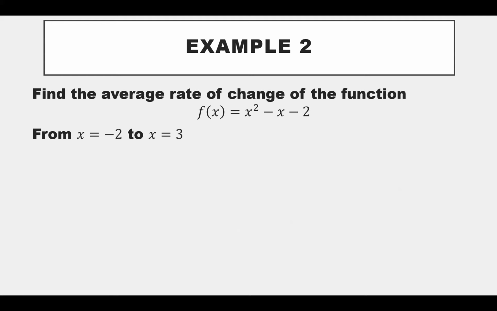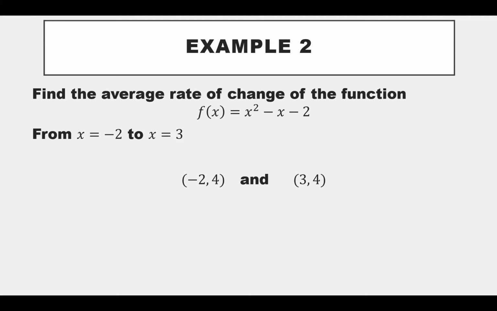Now we can do that with any x values. So if I want to find the average rate of change of that same function f of x equals x squared minus x minus 2, from x equals -2 to x equals positive 3, well, when you plug in -2 in the function, you get out a 4.